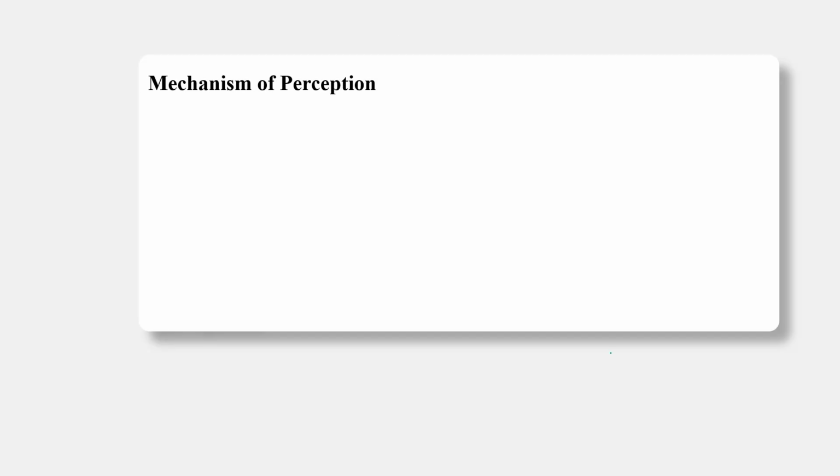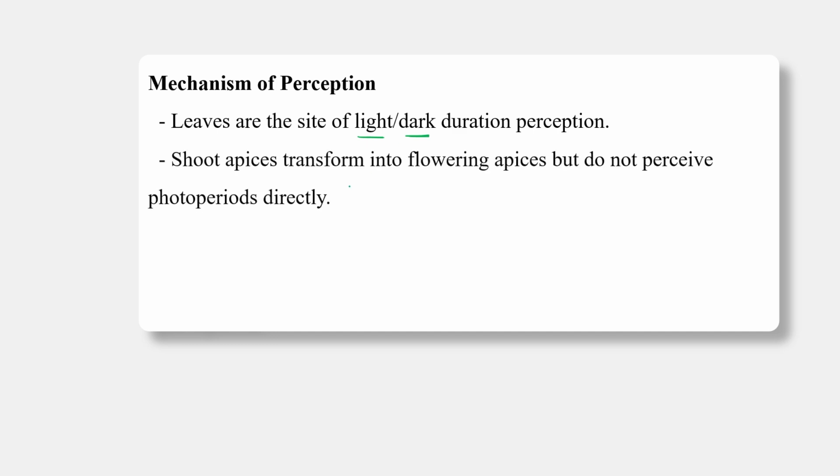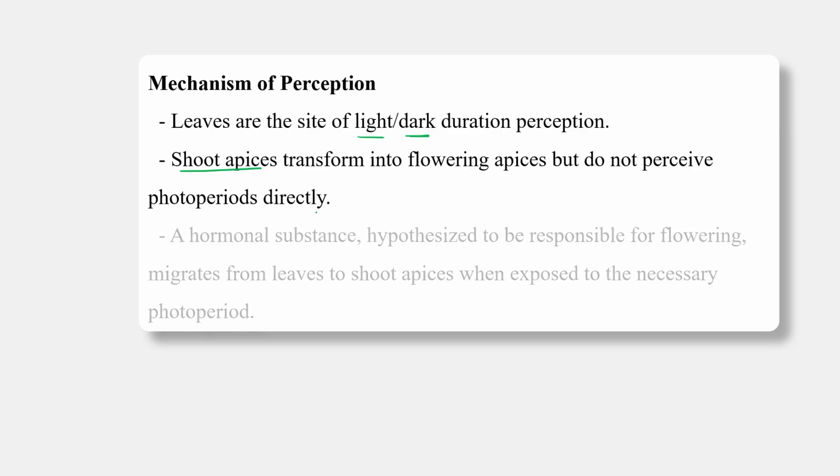Okay, now the mechanism of perception. Leaves are the site of dark and light duration perception. The shoot apex transforms into a flowering apex, but does not perceive photoperiod directly.